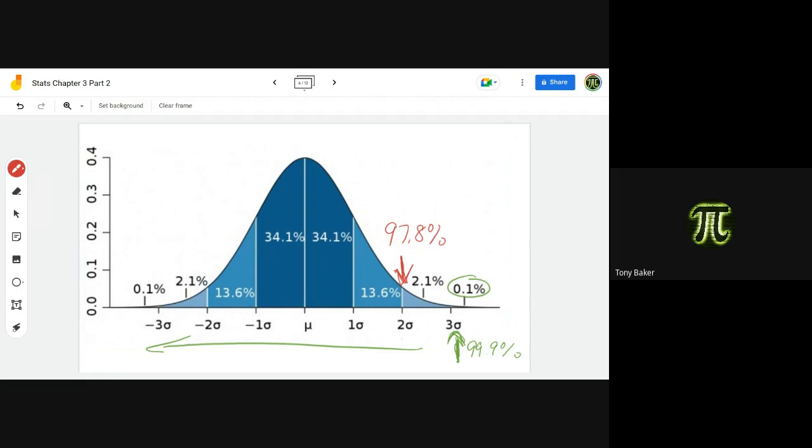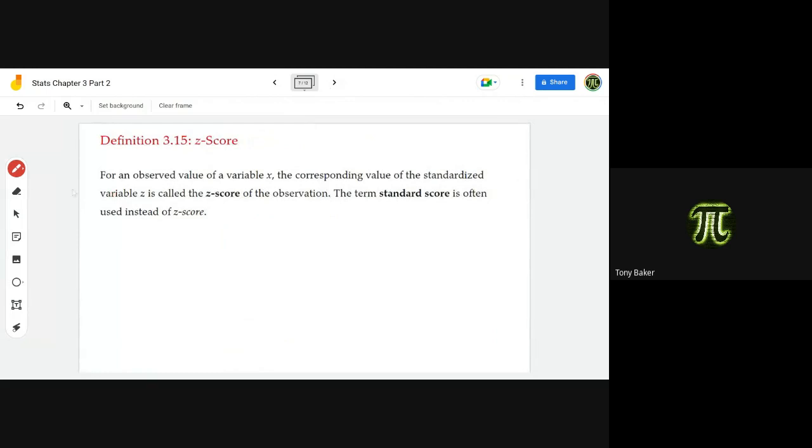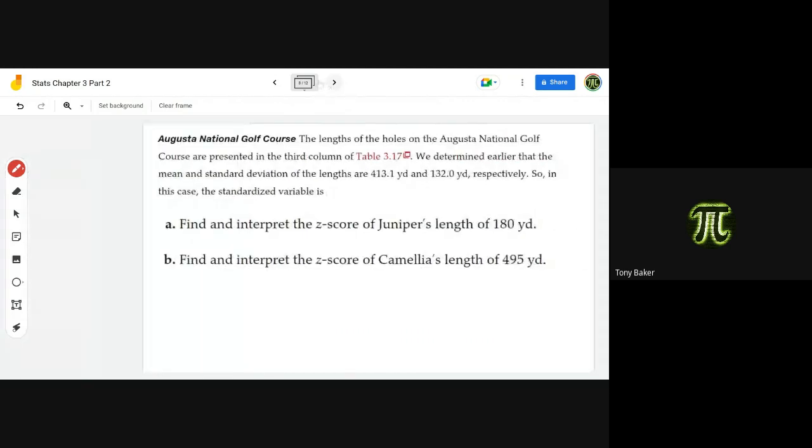So what's standard deviation telling me? How far away from what I am? The mean. So we have something called a z-score.